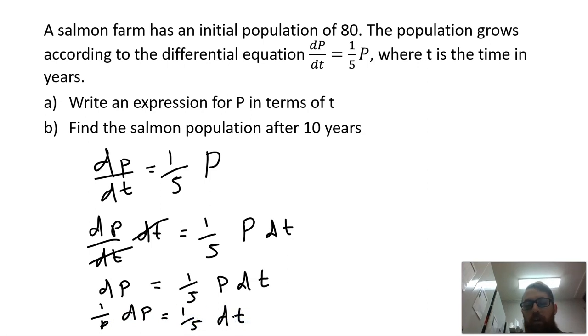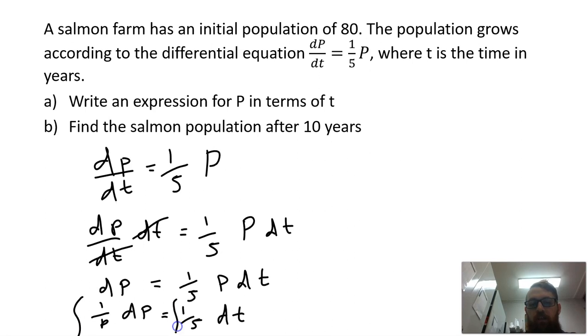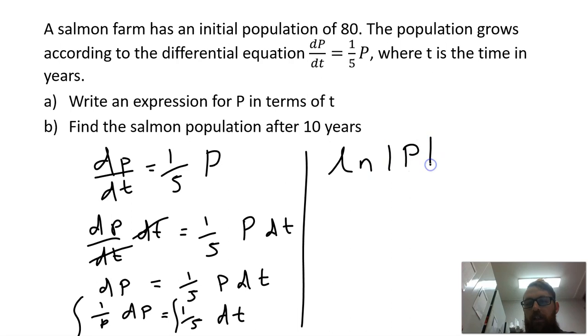Now, we've had some practice with separating differential equations, and what we can do from here is integrate with respect to p and t. The left-hand side is going to become the natural log of p, and the right-hand side is going to become 1/5 t.